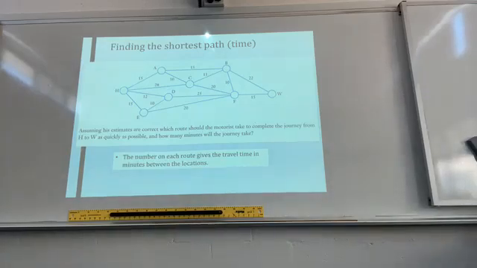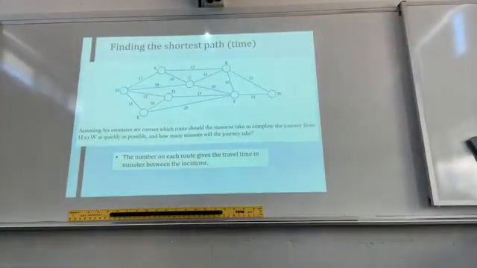Now, the shortest path here in this case is no longer the distance. It's time. All right. So here is a weighted graph, and each edge is giving you the travel time.